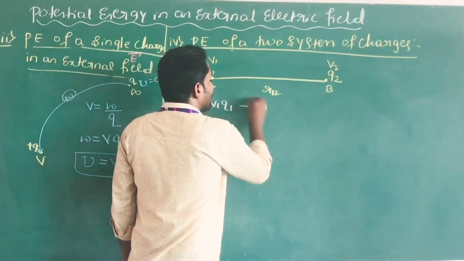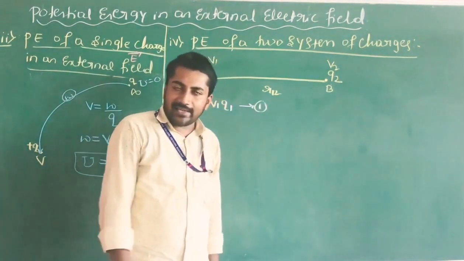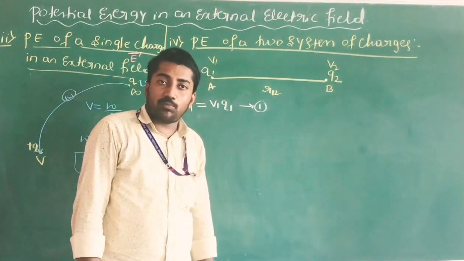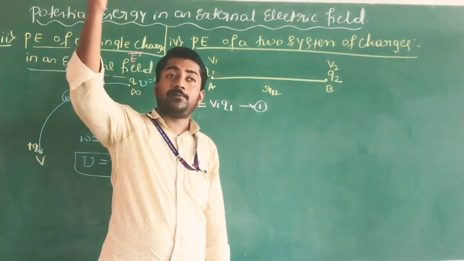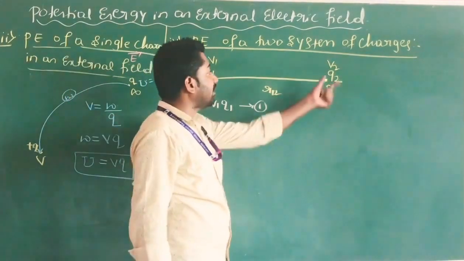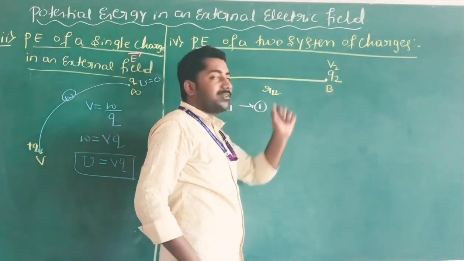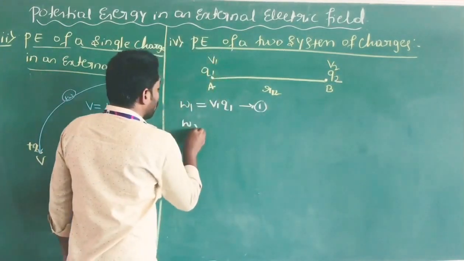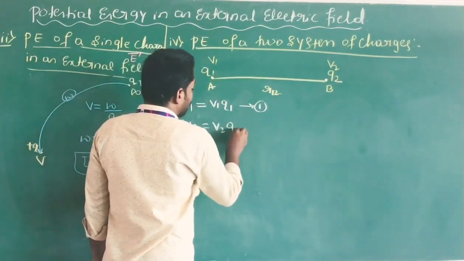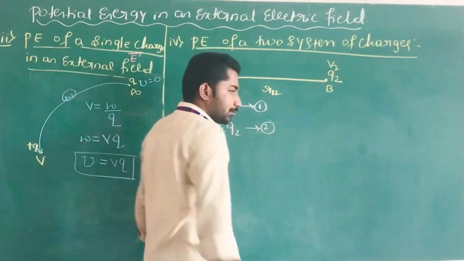This is equation number 1. In the second case, the amount of work done to bring a charge Q2 from infinity to where the electric potential V2 is there at that point is W2 is equal to V2 into Q2. This is equation number 2.